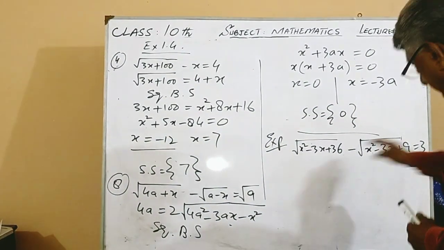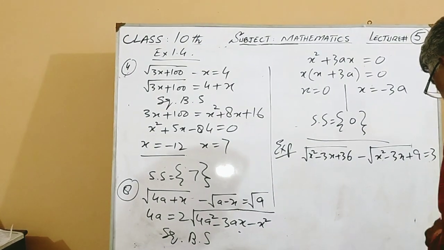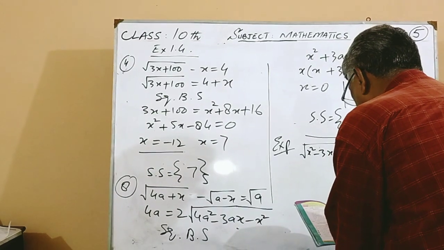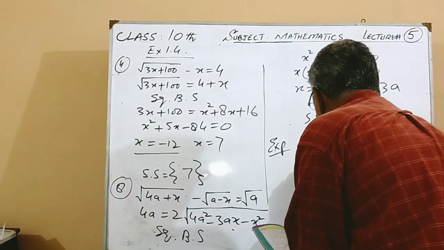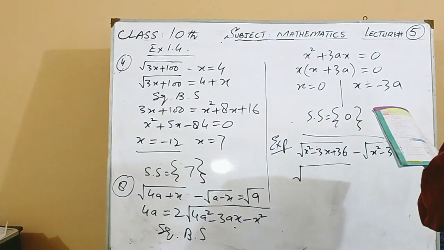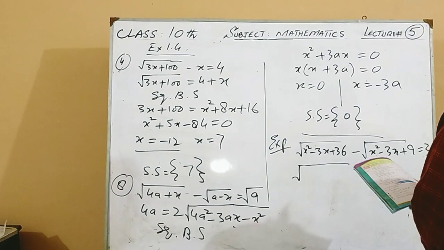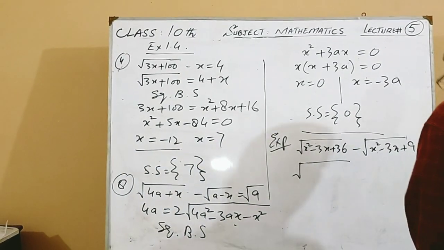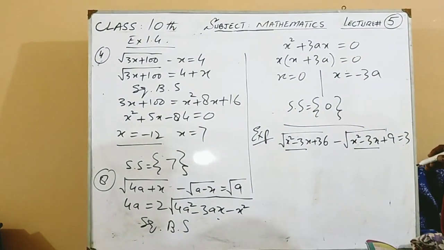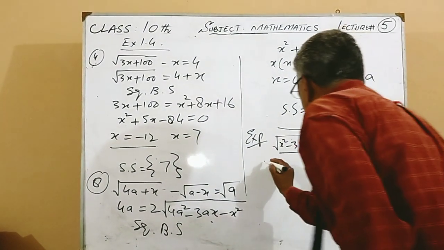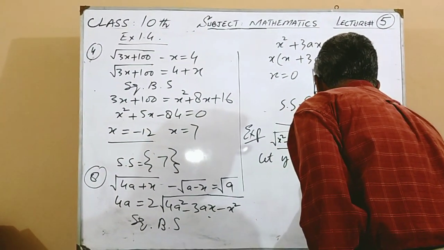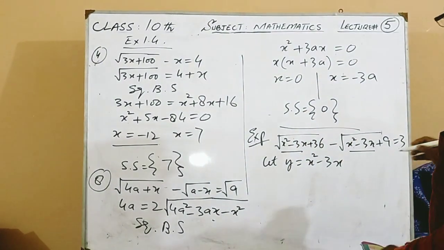You have to square both sides, and after squaring both sides you will get an equation. My dear students, one point which is very important to mention here is that x square minus 3x is the same in both, so you should put x square minus 3x is equal to y for simplification.